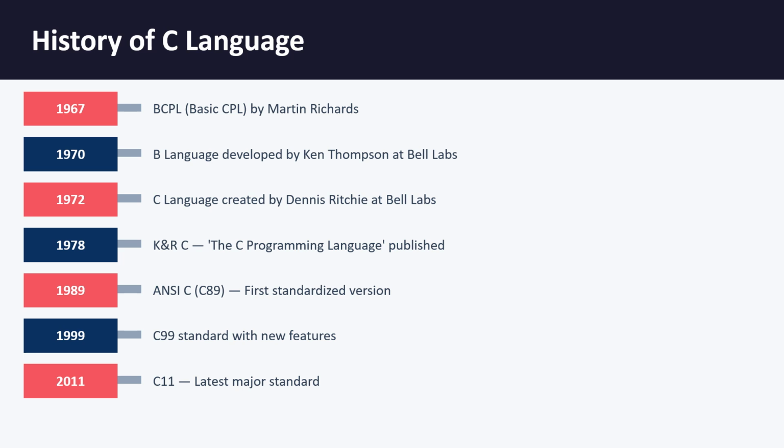In 1978, the famous book The C Programming Language was published by Kernighan and Ritchie. In 1989, ANSI officially standardized the C language as C89. Later, C99 added new features in 1999, and C11 brought further improvements in 2011. C remains one of the most powerful and widely used languages even today.